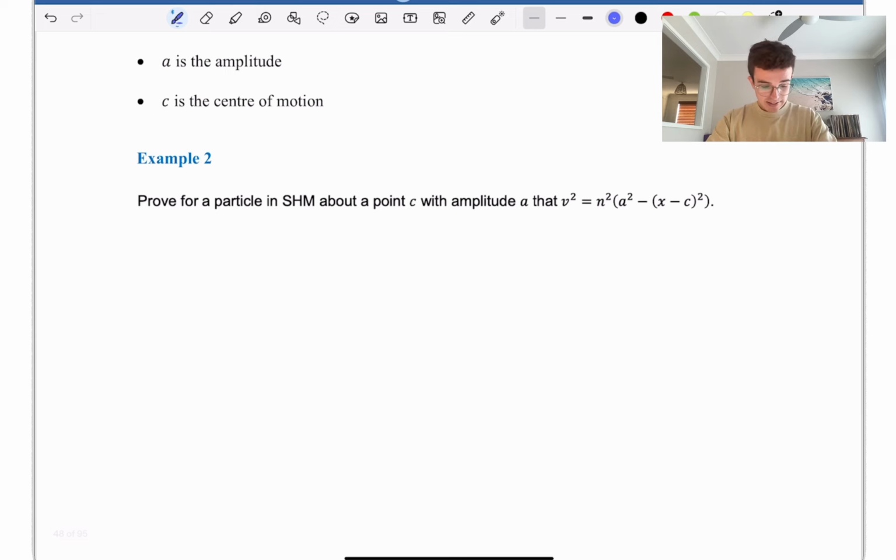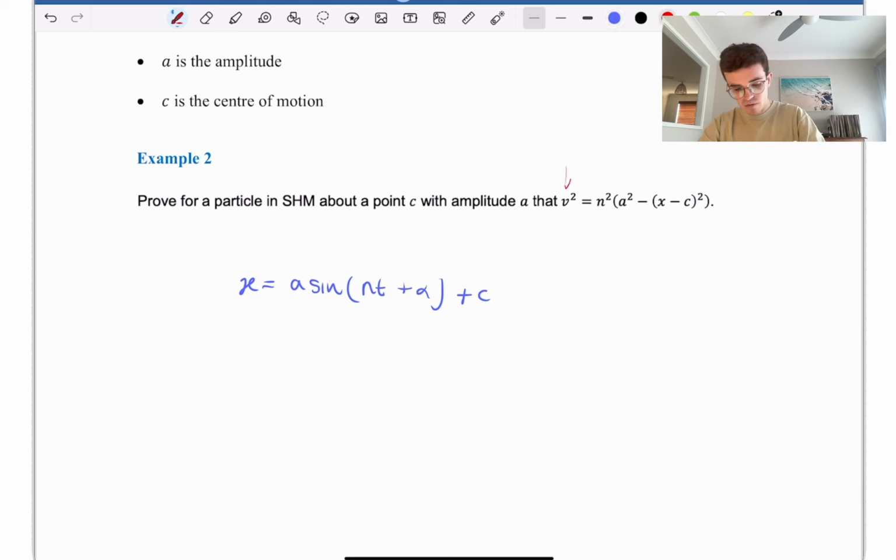So the second example in today's video is we're going to prove that this type of equation is in simple harmonic motion. Now, we know that simple harmonic motion is any movement that's in the form a sin(nt + alpha) + c.